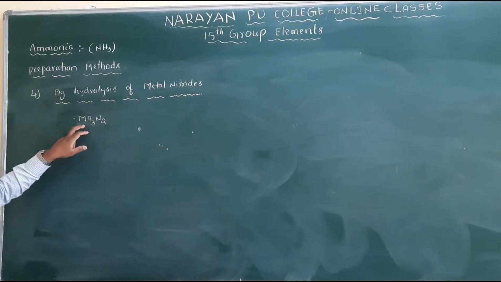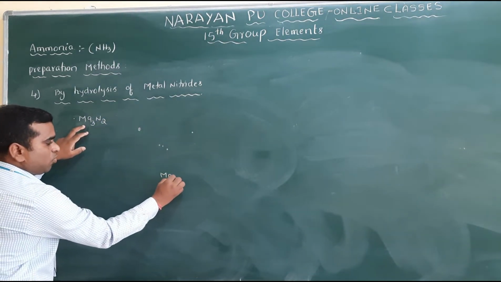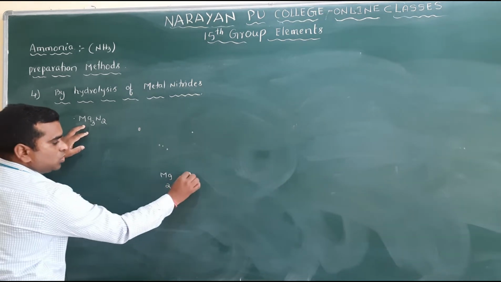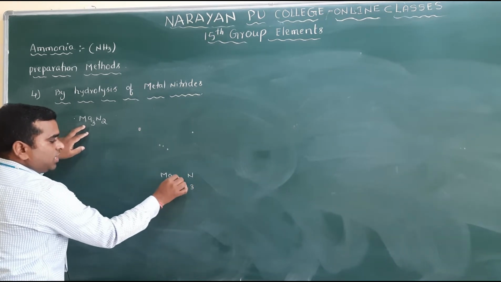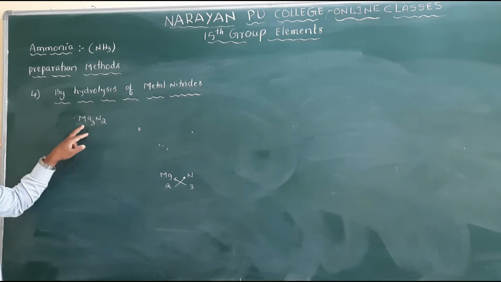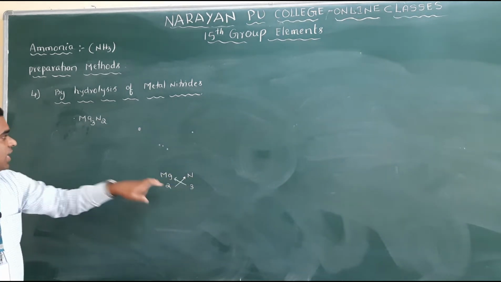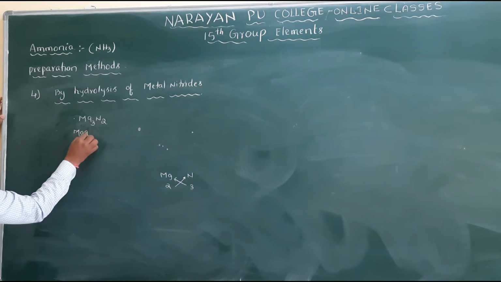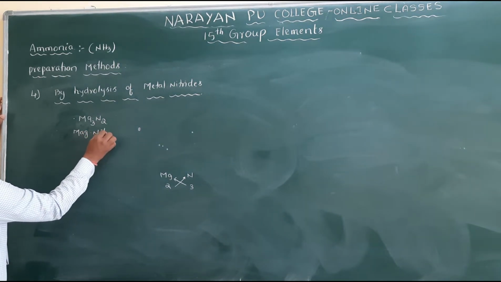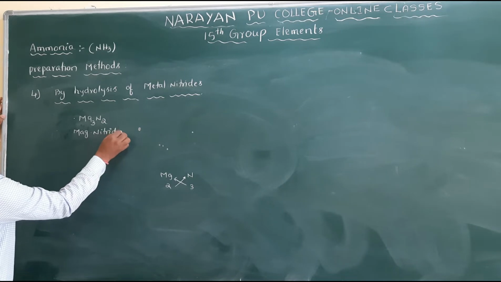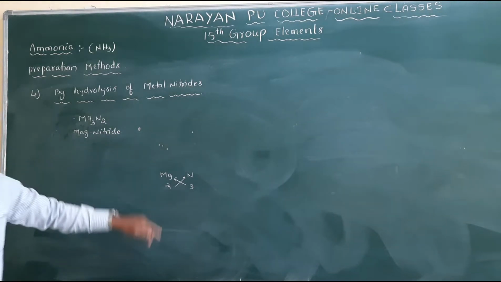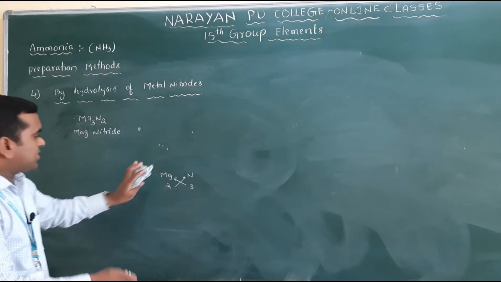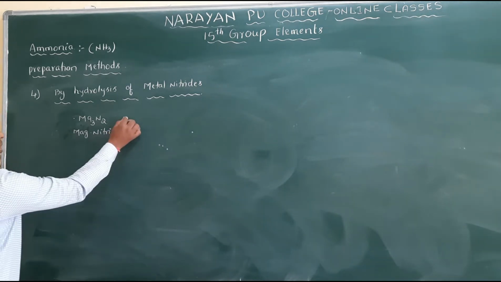You know how to write this formula: the valency of magnesium is 2, nitrogen valency is 3. Do the crisscross method, then you will get Mg3N2. This compound is magnesium nitride. Clear? Hydrolysis means what you have to do? Add water.